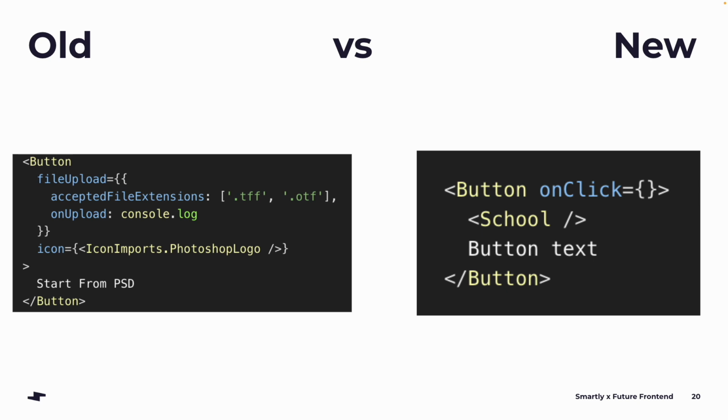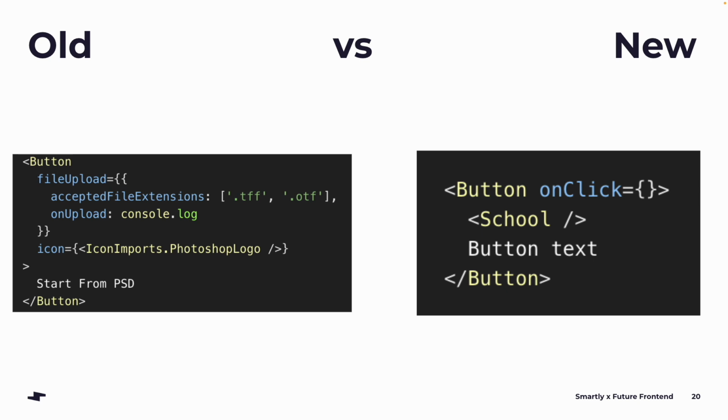For example, here is a button which has a file upload attribute. And when you have a file attribute, then it causes the button to behave as a file upload. So when you click on it, it opens the selector. You can tell what kind of extensions the user can select and whatnot. And also the icon in the button. So if you want to have the icon inside the button, it's an attribute that you set there.